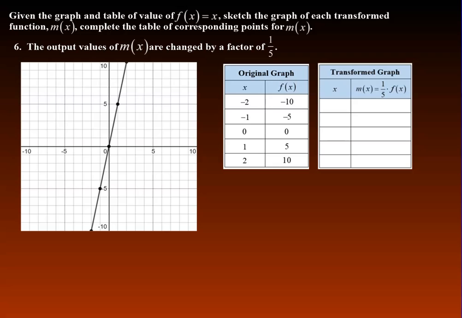Keep in mind that when we talk about a fraction, -10 times 1/5 is the same as saying -10 divided by 5. Keep that in mind when you do these. You're just dividing by 5 when it says multiply by 1/5.